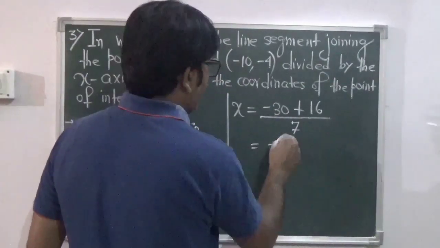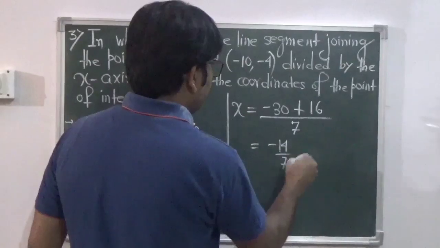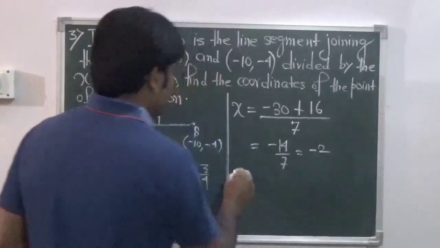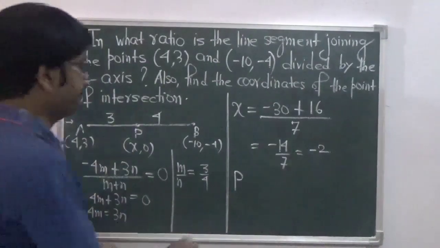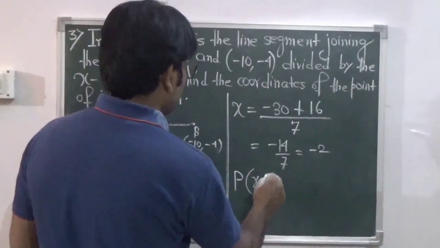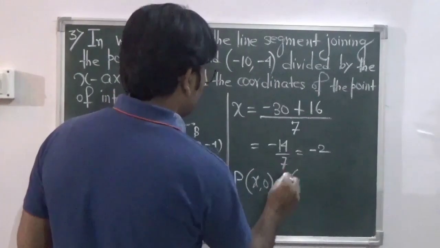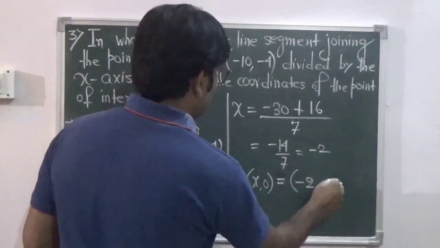So you have minus 14 by 7, that is equal to minus 2. So the coordinates of the point of intersection, that is P (x, 0), is equal to (minus 2, 0).